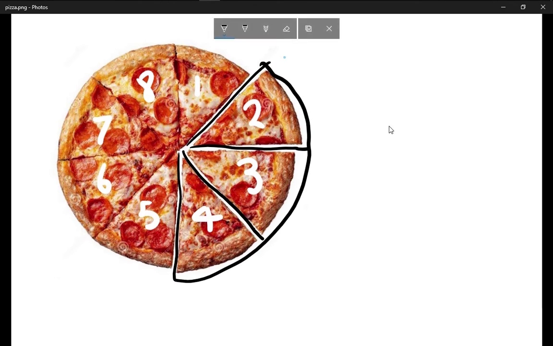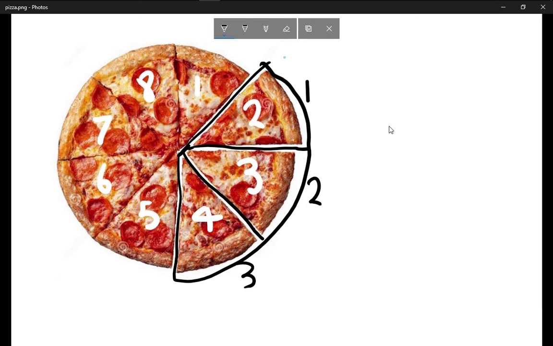So you can state this in a fractional format. To get the fraction of cut parts to the whole part, let's count the cut parts. 1, 2, 3.